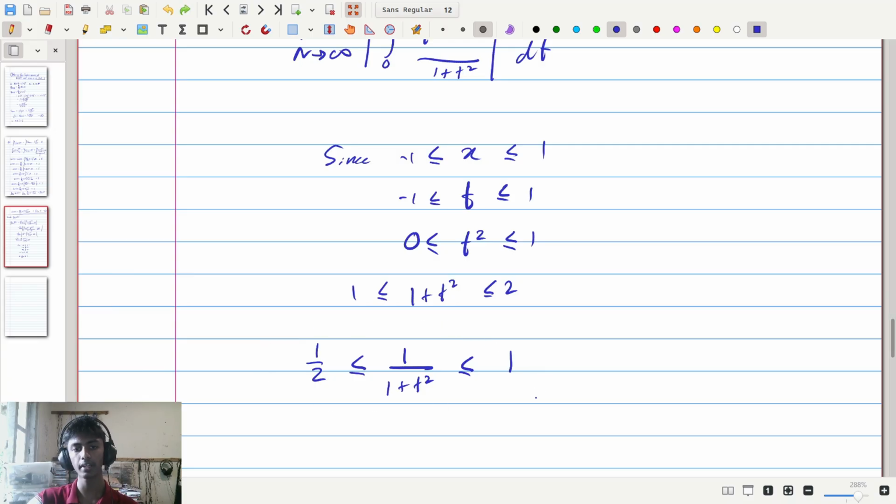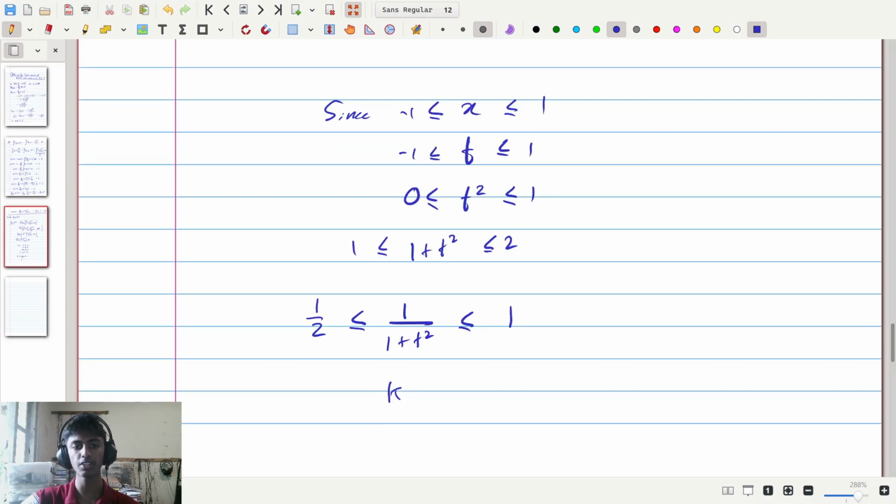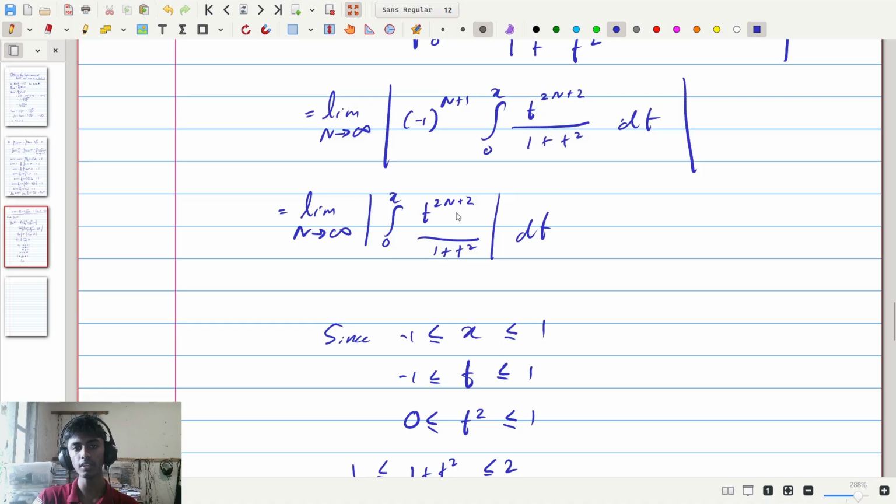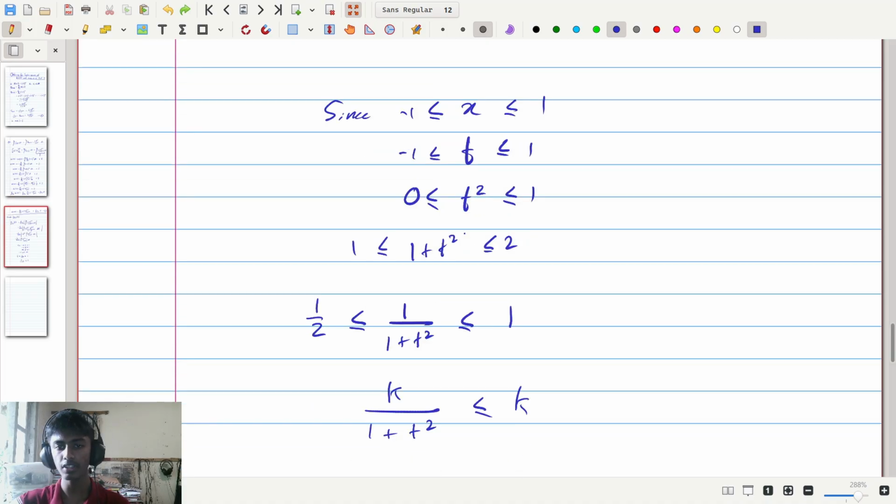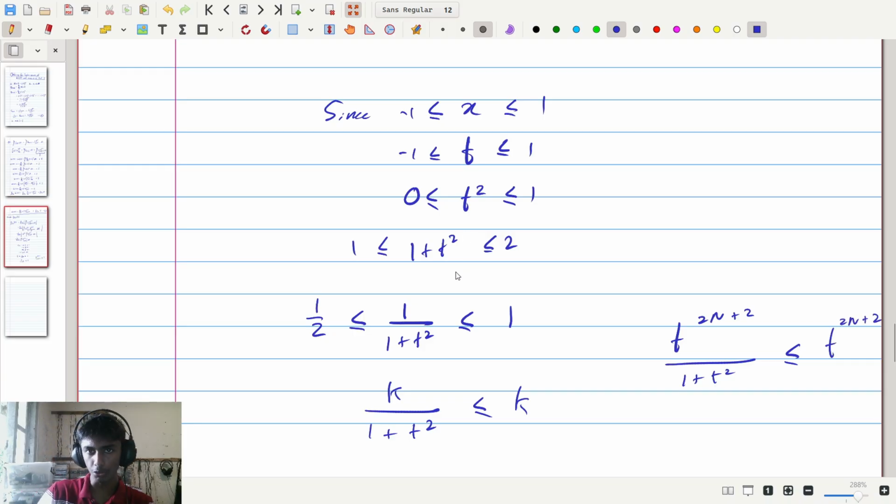Given this condition, we can now say, since this factor is between half and 1, if we multiply this factor by a certain k, let's say k times 1 divided by 1 plus t squared, it is going to be less than or equal to k. Therefore, we could say every single t to the power of 2n plus 2 divided by 1 plus t squared is going to be less than or equal to t to the power of 2n plus 2. We're going to use this fact.